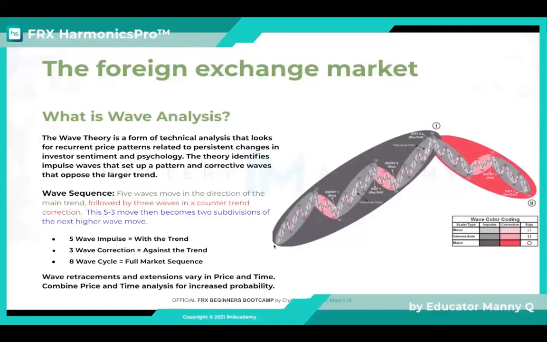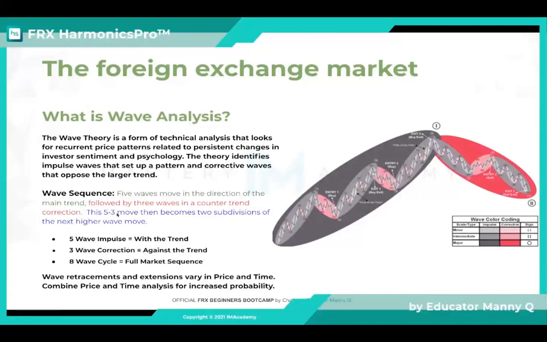Okay, so let's talk about this. 1, 2, 3, 4, 5. Okay, 5 waves moving in the direction of the trend, followed by 3 waves in a counter trend correction, which is 1, 2, 3, right over there.